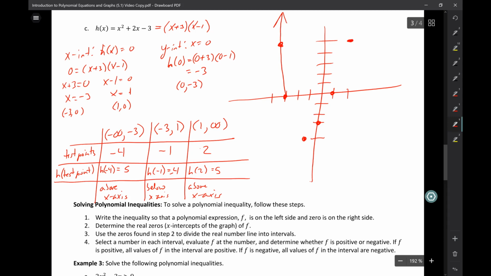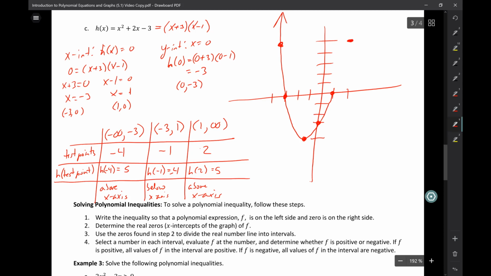We then know it has to come down, come across this section right here, has to come back up, go through this point, and then it has to come to that x-intercept there.